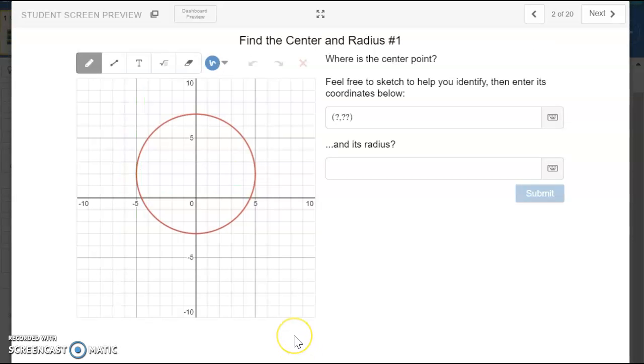Number 2, find the center and radius of the circle. Where is the center point? How would you figure out where the center is? The center is going to be right in the middle. How can you figure out the middle? What you can do is try to draw a line at the widest point. The widest point will be at this level, so I could draw a straight line like this.